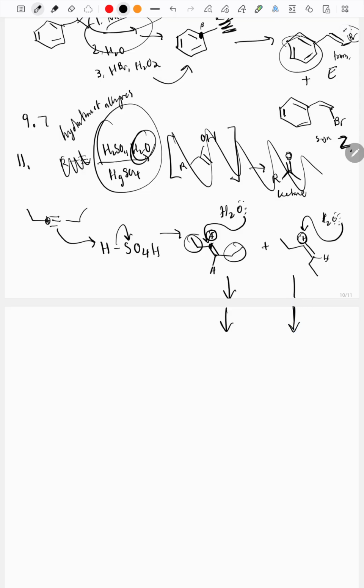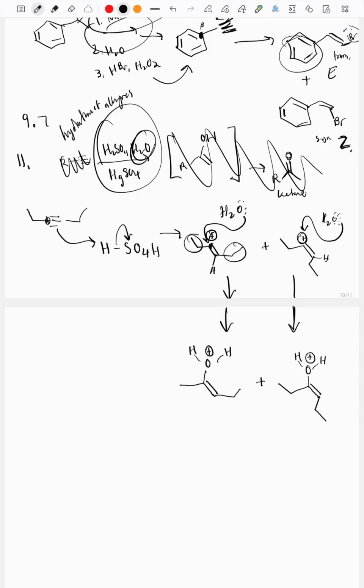What does it do? On the trans, remember, we can get something that looks like this. You can get something like that. Is that correct?